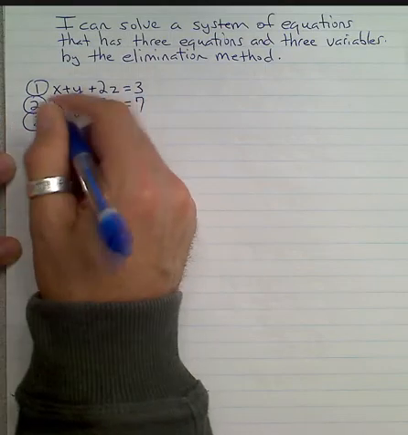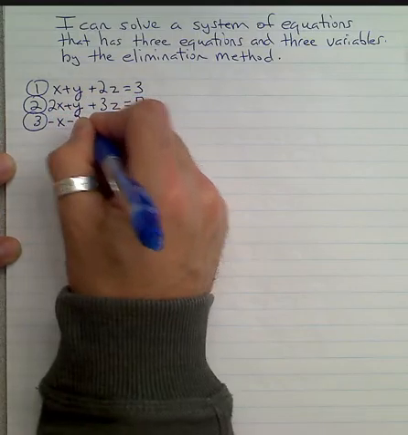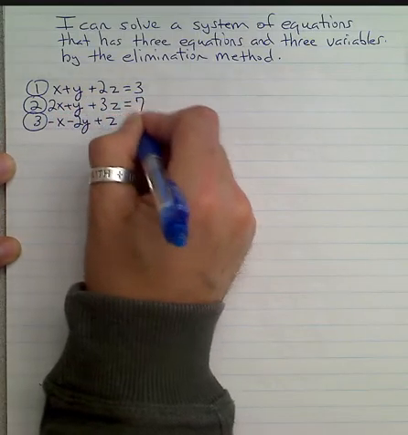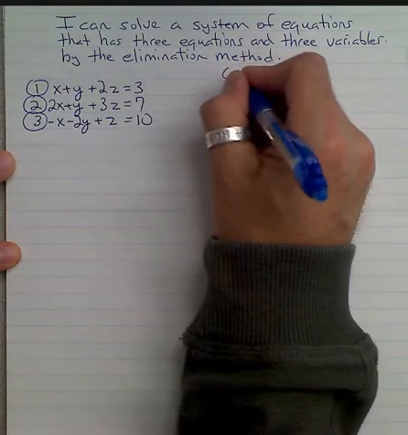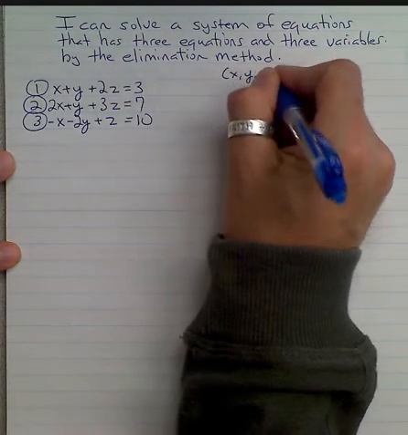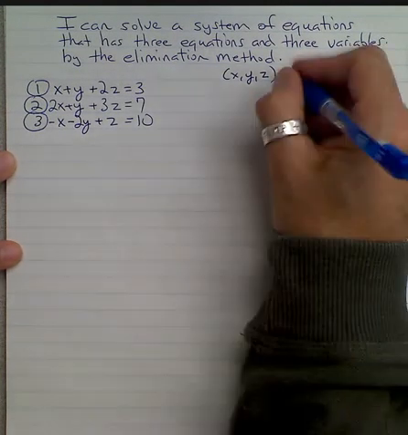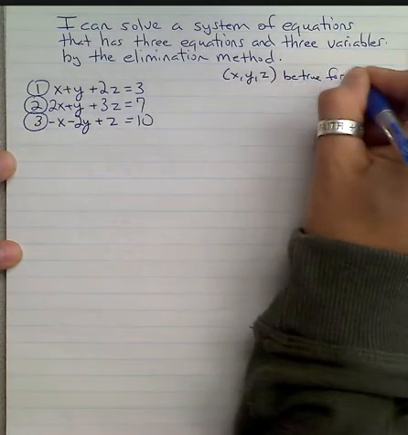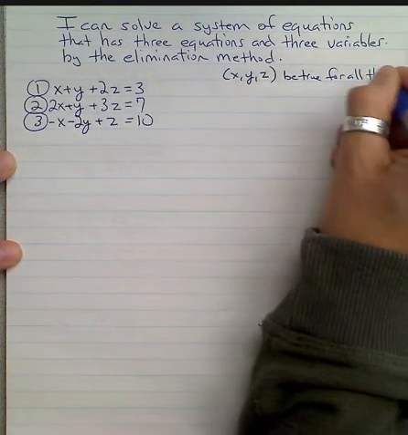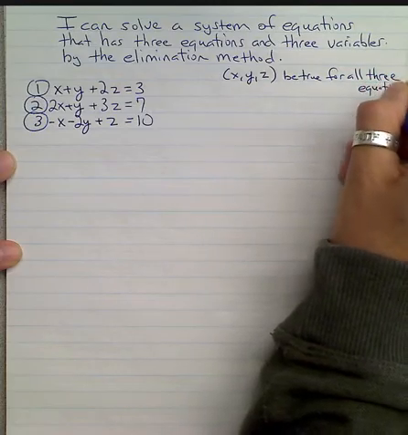And my third equation is negative x minus 2y plus z equals 10. What we're trying to do is find the x, y, and z that will be true for all three equations.